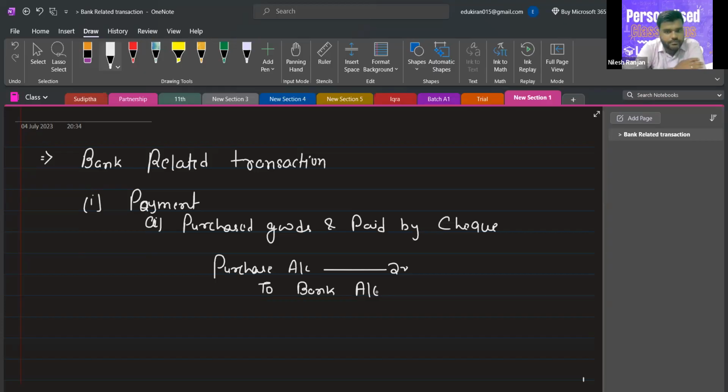If we purchase goods for cash, then the journal entry was purchase account debit to cash account. But we are paying money by check, so the amount will go from our bank account. That's why bank account will be credited instead of cash. In the same manner, payment to creditors by check.